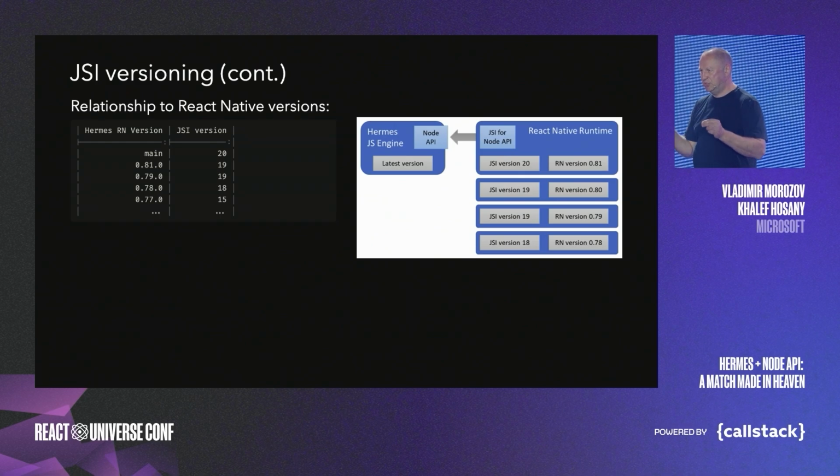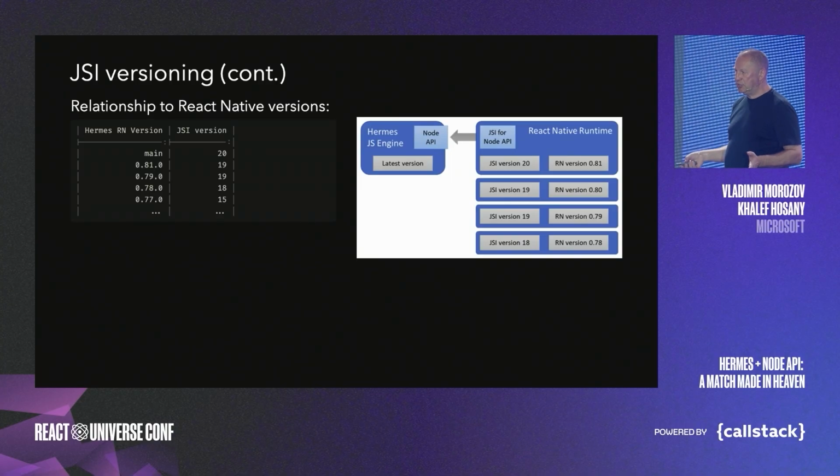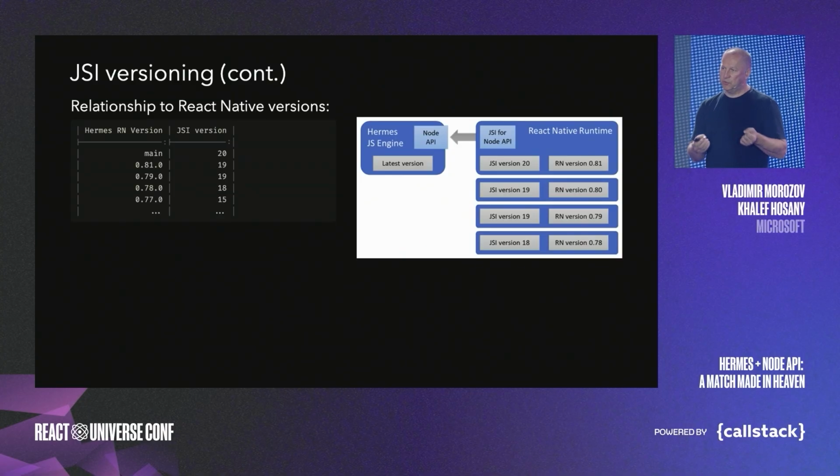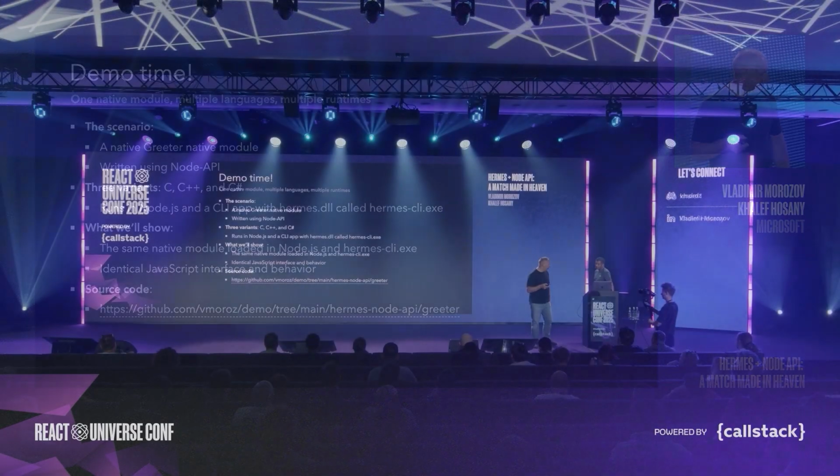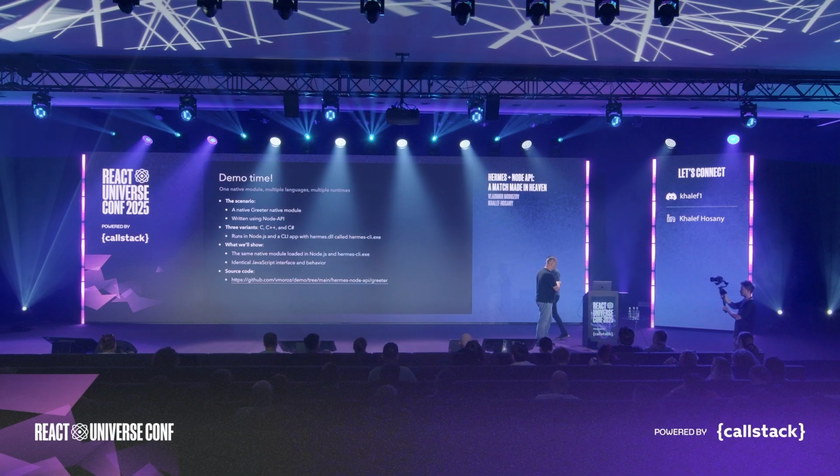Everything we do is just changing this small JSI version macro value. This way, even if we have some of our applications running a very old React Native, maybe 1 or 2 years old, we can still use the latest and greatest Hermes engine and benefit from all these changes to performance, improvements, and so on.